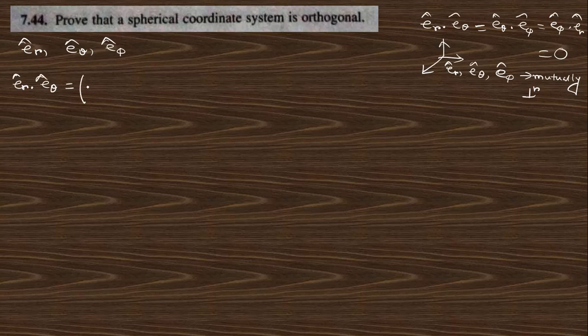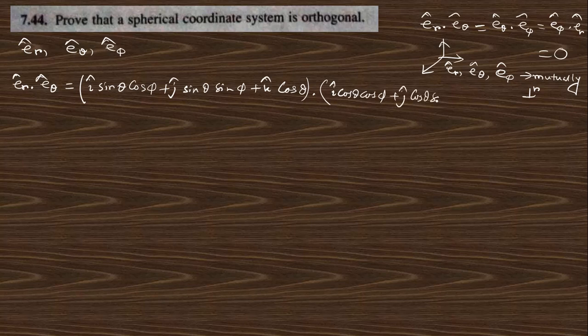Just put the values. E r cap is I cap sin theta cos phi plus j cap sin theta sin phi plus k cap cos theta, dot E theta, which is I cap cos theta cos phi plus j cap cos theta sin phi minus k cap sin theta.